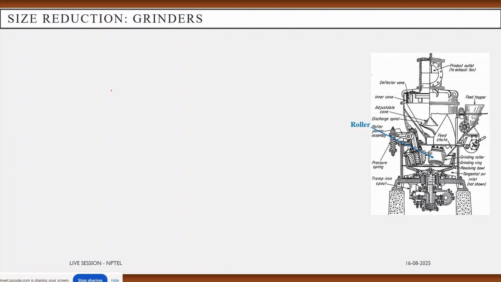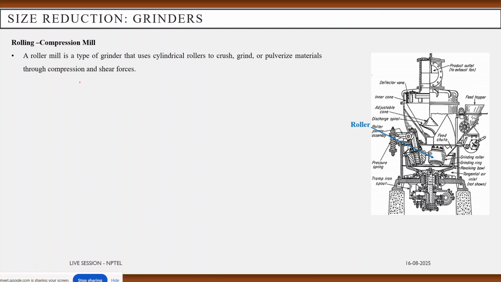So the next part we will be discussing is the fine grinder, that is the rolling compressing mill. A roller mill is typically a fine grinder that uses cylindrical rollers to crush, grind and pulverize materials through the forces which are compression force and shear forces.